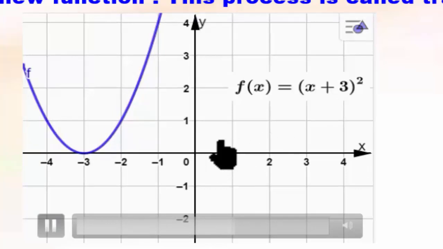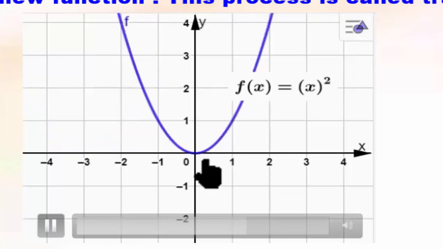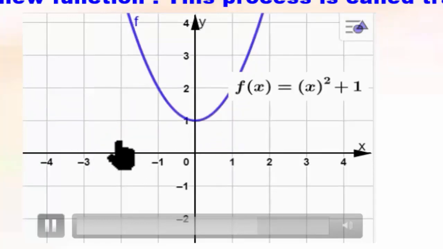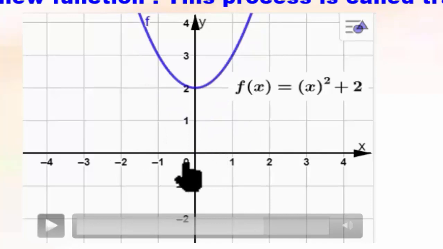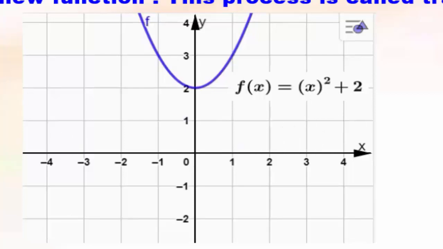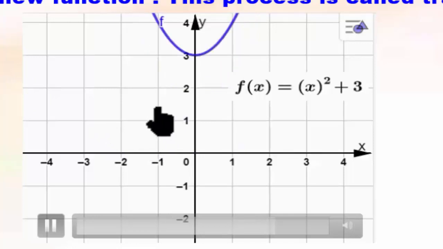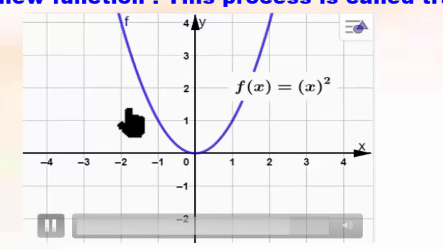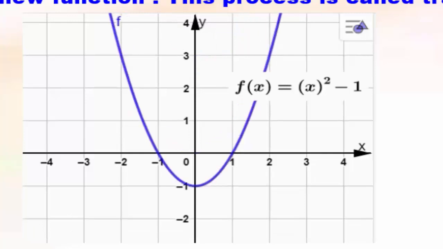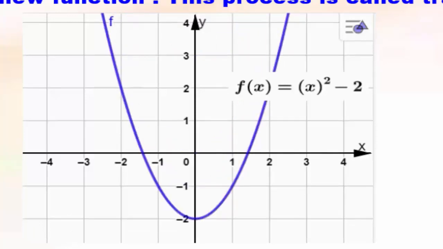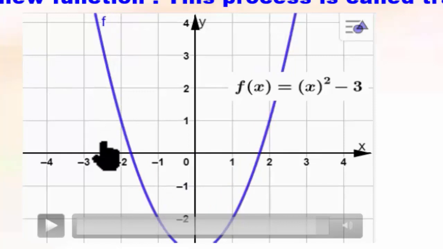And now if we move it up or down, it becomes f(x) equals x squared plus 2. We add 2 to the function if we move it 2 units. If we move it 3 units, we add 3, etc. And if we move it down, then x squared minus 2.